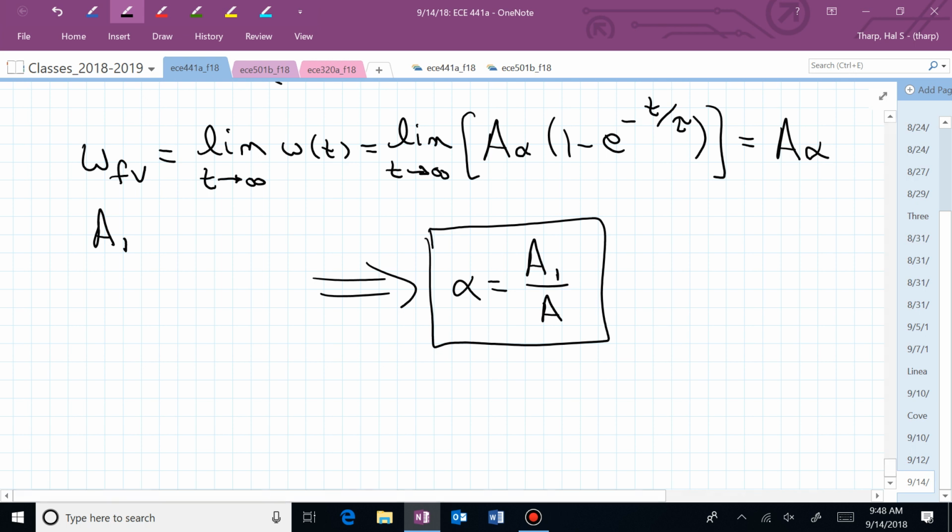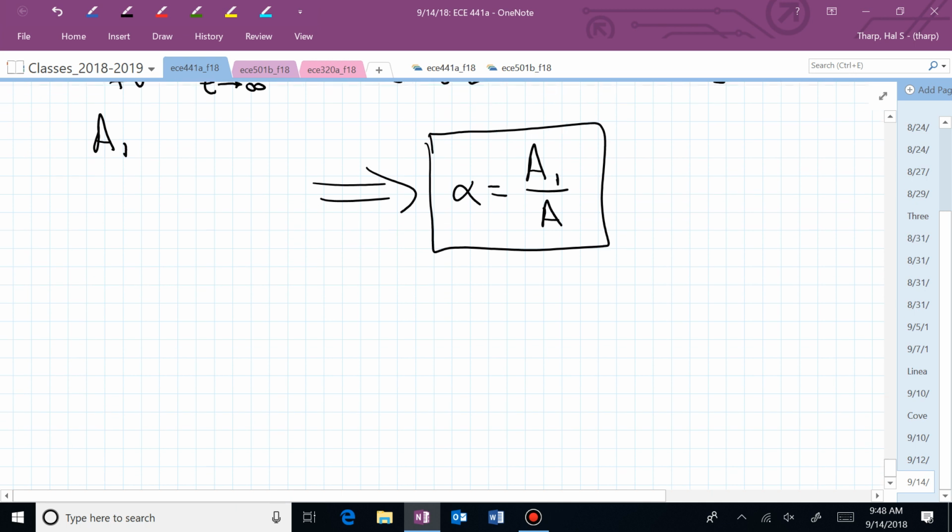But you can now use this to supply them with a final rotational speed given any input voltage. You now know the DC gain. So maybe you only have half of the model, but that's a good half so far. If they don't care, and electrical things don't take very long, so if they're patient, you've given them the answer and they don't have to wait very long to get there.